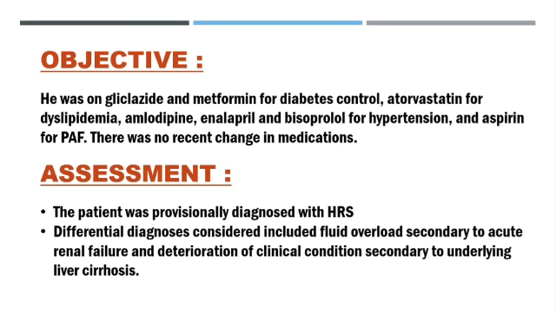Now, the assessment for the patient: we find the assessment according to the subjective and objective of the patient. So it's basically the information we gather from that, and we list the diagnosis. The patient was provisionally diagnosed with hepatorenal syndrome. Differential diagnosis considered included fluid overload secondary to acute renal failure and deterioration of clinical condition secondary to underlying liver cirrhosis.